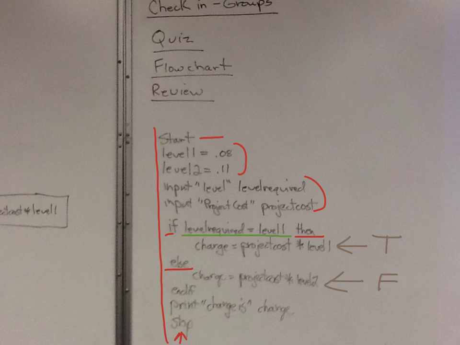We have an else right here, and an if, and if. You notice these are indented. Now if you want it to look more like Python, you could put a colon here and a colon there and leave this end if off. And we print it, and we stop.